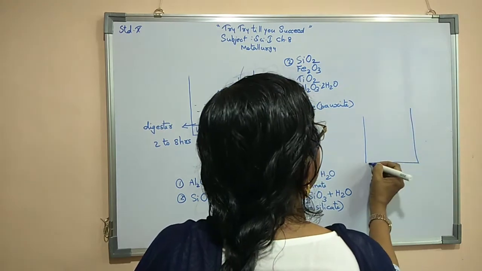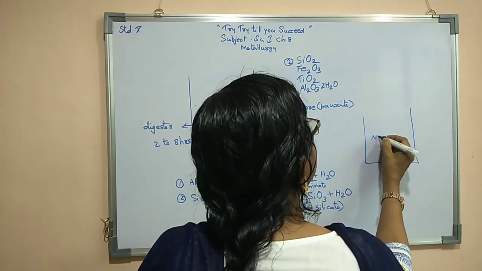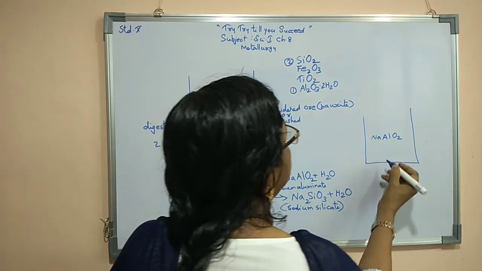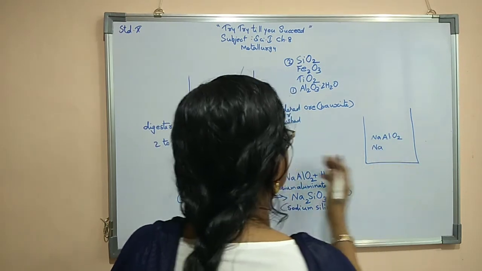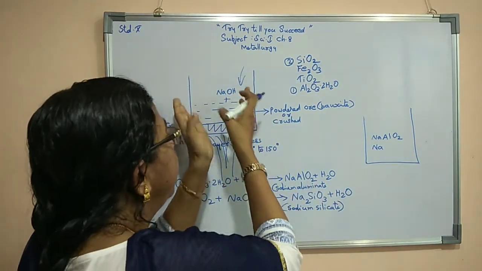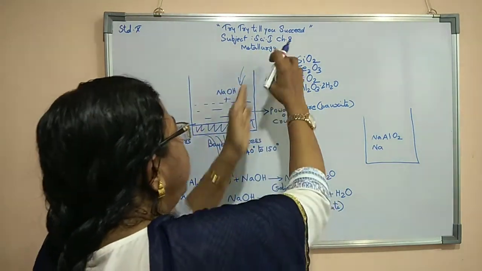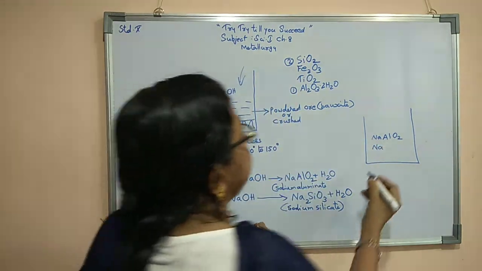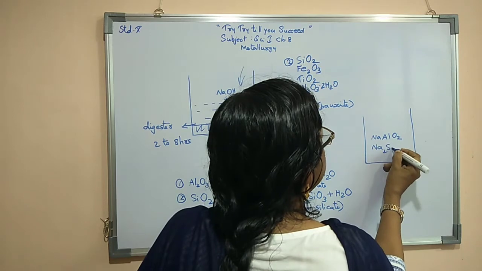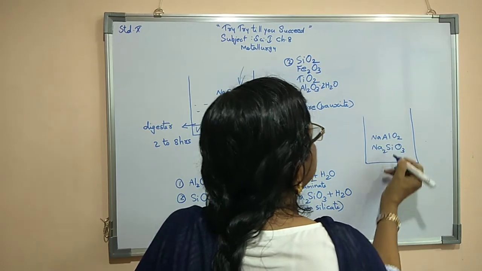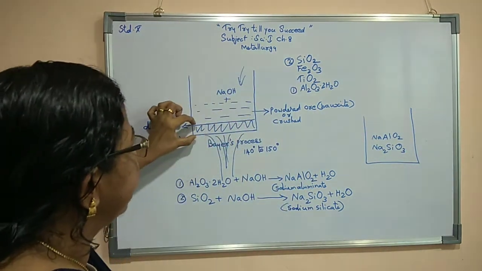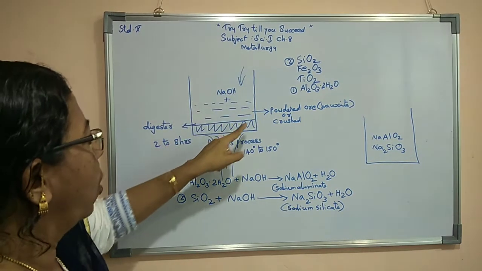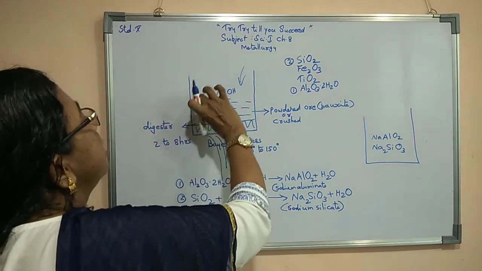In a container, we are taking now sodium aluminate, NaAlO2. Then this substance also we have to take, because both the things will be there in this container. From that only we removed out. The thing we filtered out, that is present here, Na2SiO3, sodium silicate. Now the downside settled things, iron oxide as well as titanic oxide, we have to separate out.